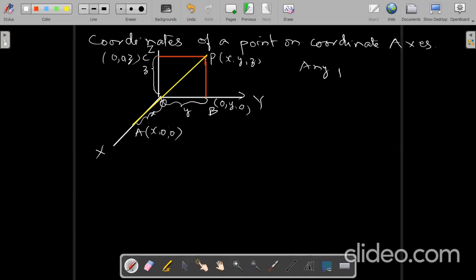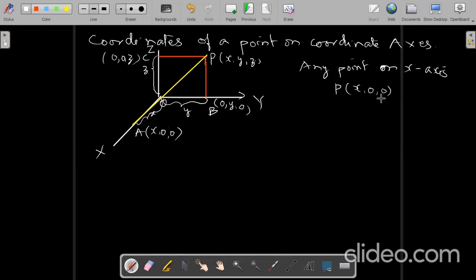I'll write here one more. Any point on the x-axis in 3D will be of the form x coordinate only, y and z will be 0.